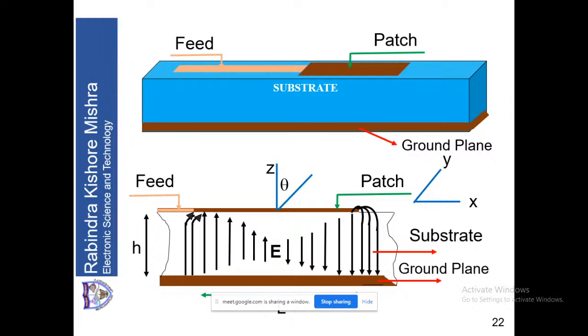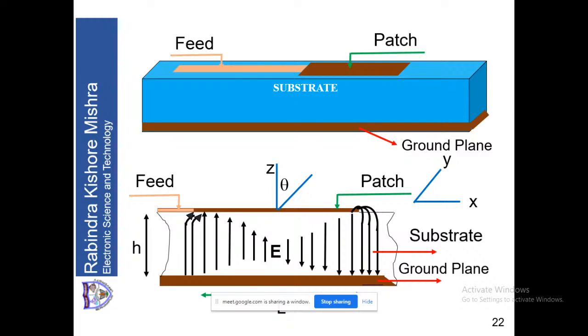And the feed line also is connected on the left side, which is a microstrip line. The distance between the ground plane and patch is called the thickness of the substrate, that is H. H is my thickness. The dielectric constant of the substrate is epsilon r, which is the relative dielectric constant. Length of the patch we are taking here as capital L.